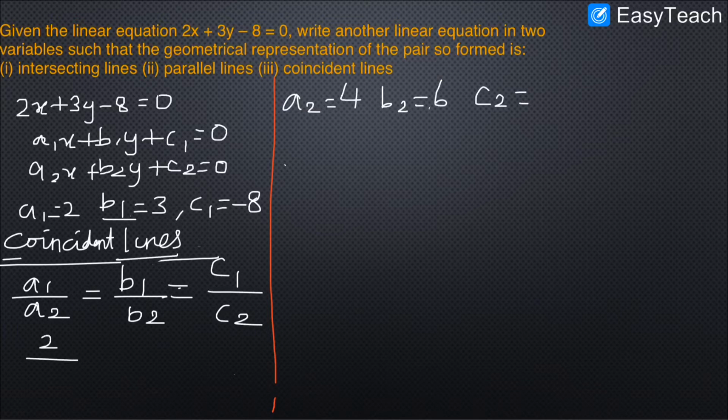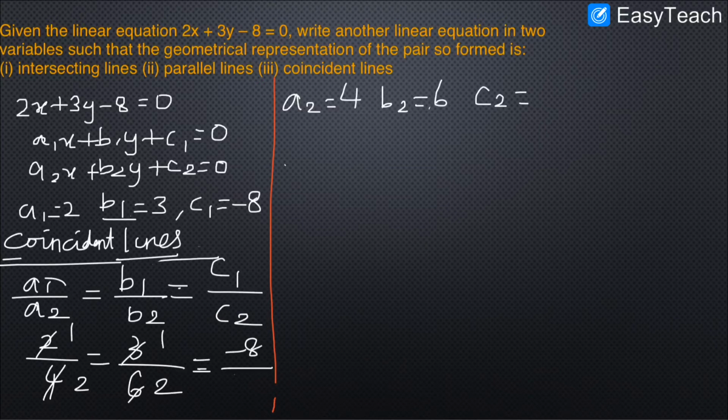For a1 2, for a2 4, for b1 3 by 6. If you reduce this, I will get 1 by 2. This is what we did in the previous problem for the parallel lines. But in this case, c1 by c2 also equals this term.